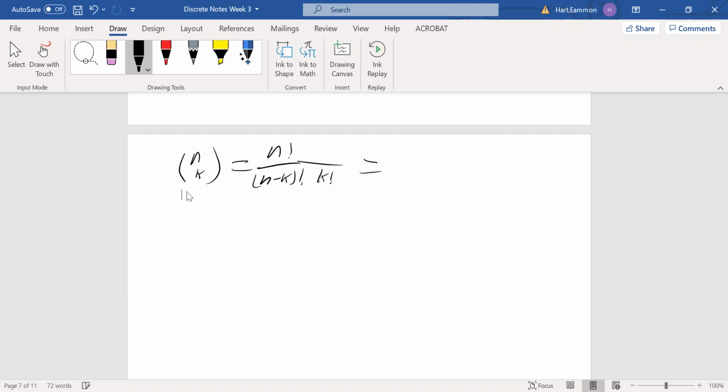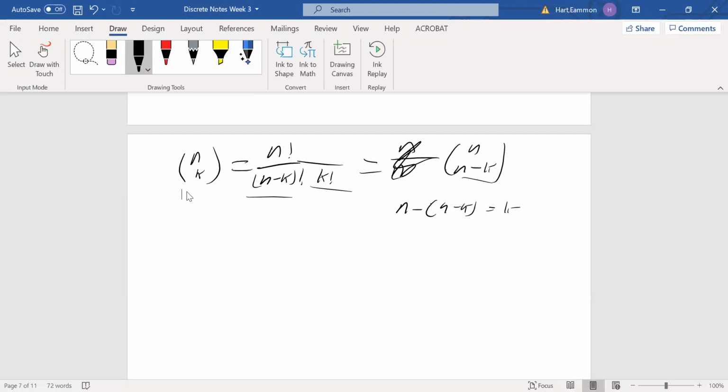So this is also the same thing as n choose n minus k, because n minus (n minus k) is just equal to k, and then we would have the n minus k factorial there. So just by reordering it, we can see that these are the same thing.